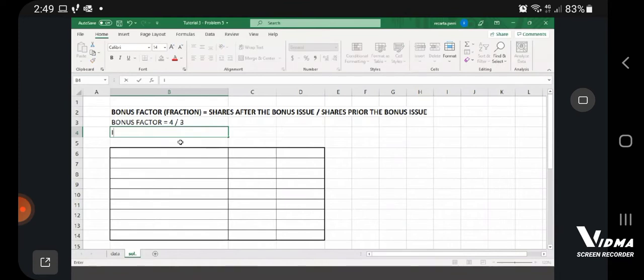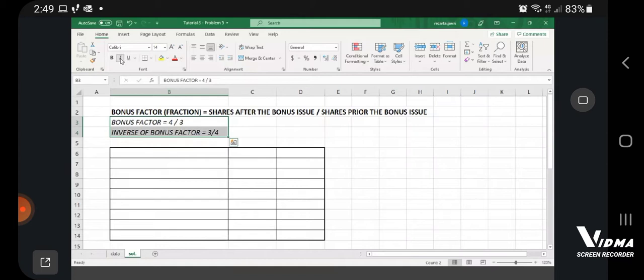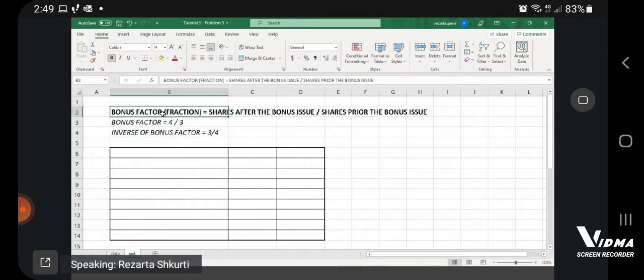Be careful, we also need the inverse of the bonus factor that will have a certain use later. The inverse of the bonus factor is the inverse ratio, that is 3 to 4. Okay? Any question on how the bonus factor was calculated?